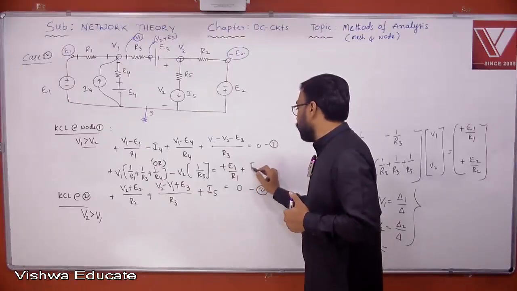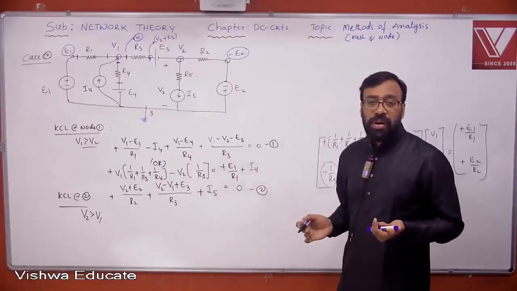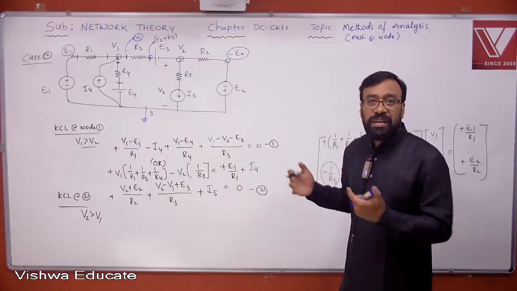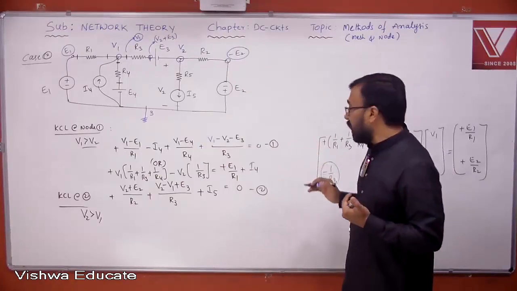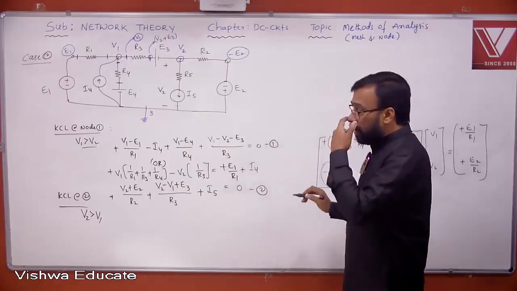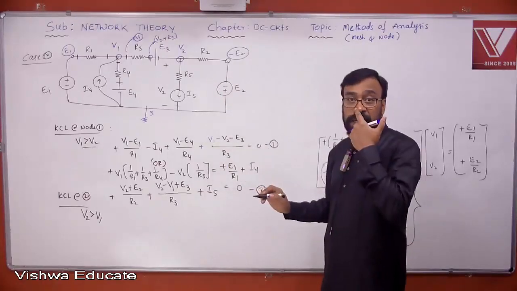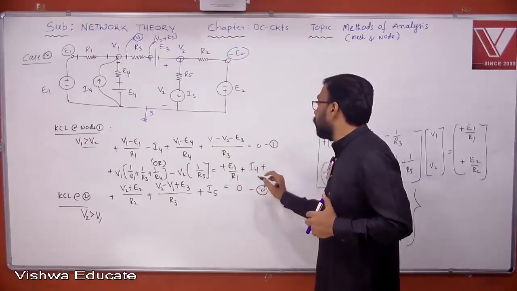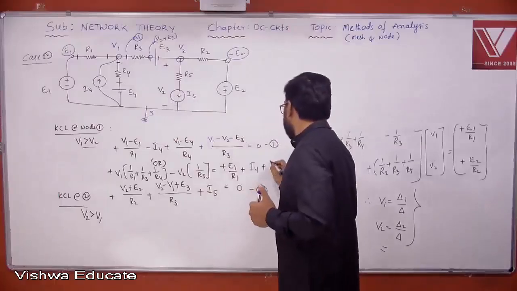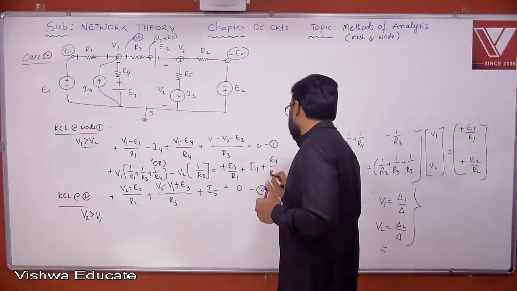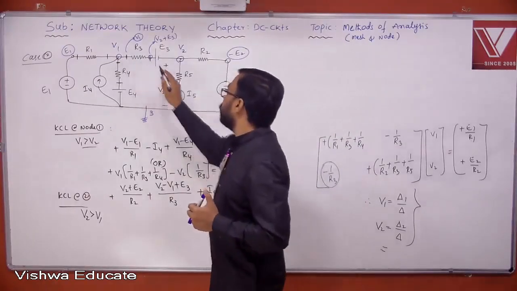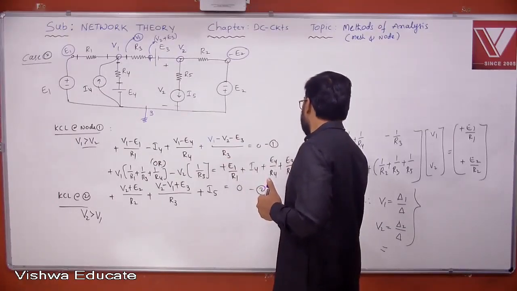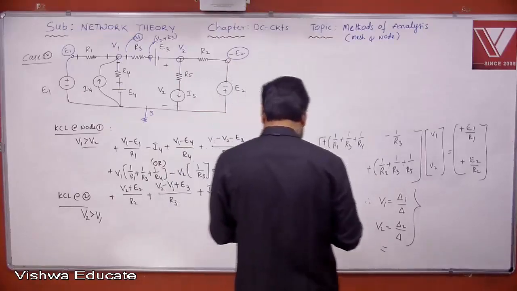You have to remember it. Inspection means you have to remember. Based on our experience, we framed our rules and then we write the equation directly. I4 is entering here. That current is negative that side, but this side is positive. Now here, touching positive sign first, plus E4 by R4. Touching positive sign first, plus E3 by R3. This is the first equation. Understand? Okay.